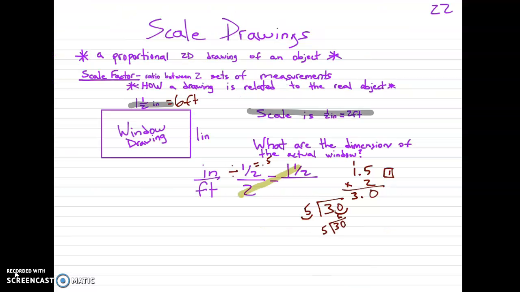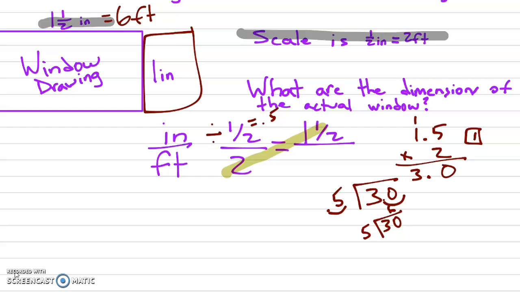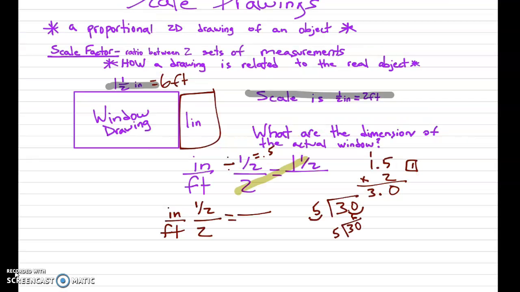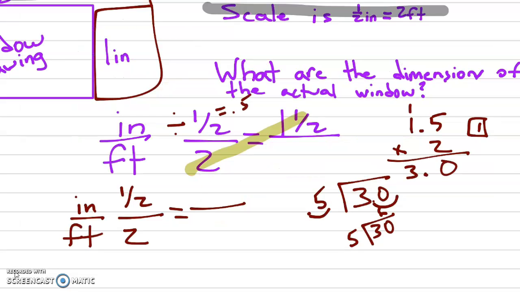Okay, so let's do that again for this measurement here. We will do inches and feet, inches and feet. Set up my proportion. We know we have a half inch equals 2 feet, and on our drawing we have 1 inch.